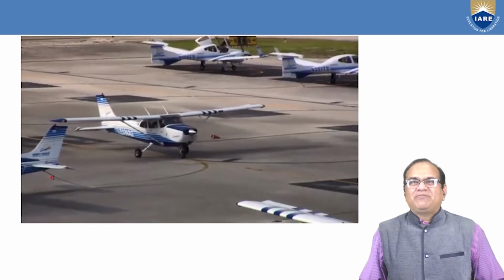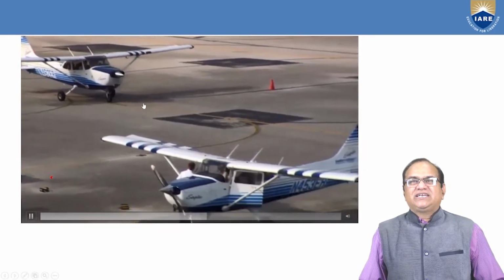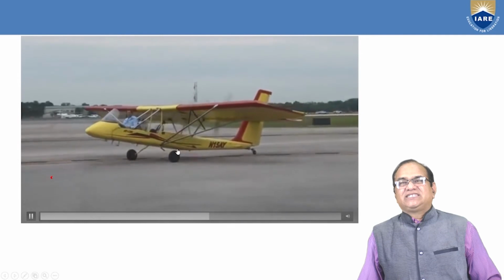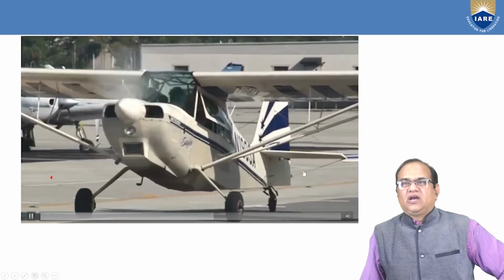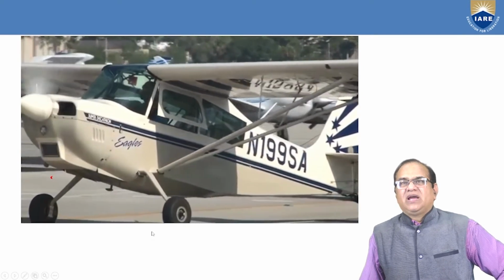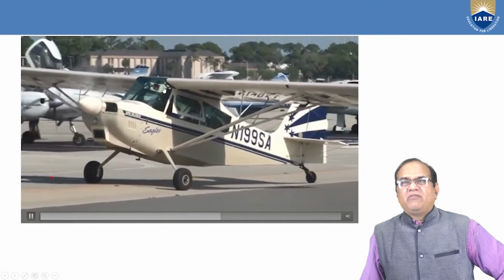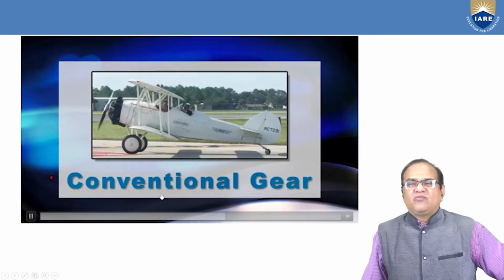Okay, you can see here how this aircraft is landing, and how these propellers are rotating. And you see, this is the conventional. In this, one wheel is at the tail and two are at the front. Pilot is here. So the problem is that your visibility is somewhat reduced.